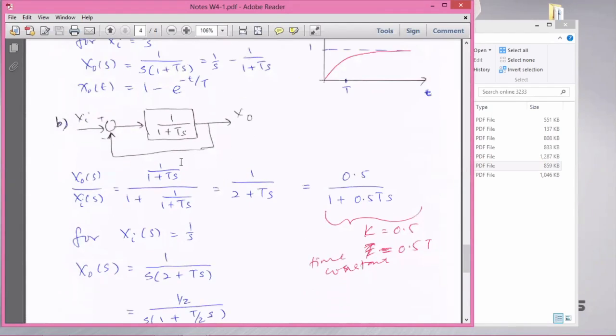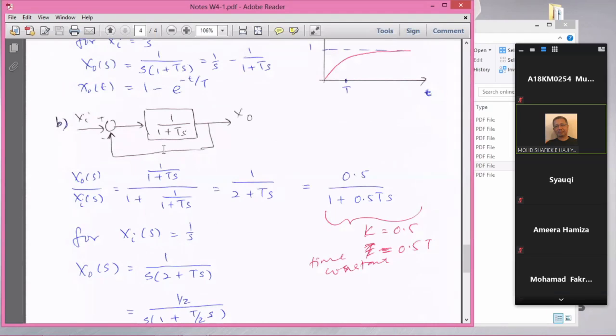So when you want to get the time response of a closed loop system, you must obtain the closed loop transfer function, which is G divided by 1 plus GH. Remember that? In this case, H is just 1.